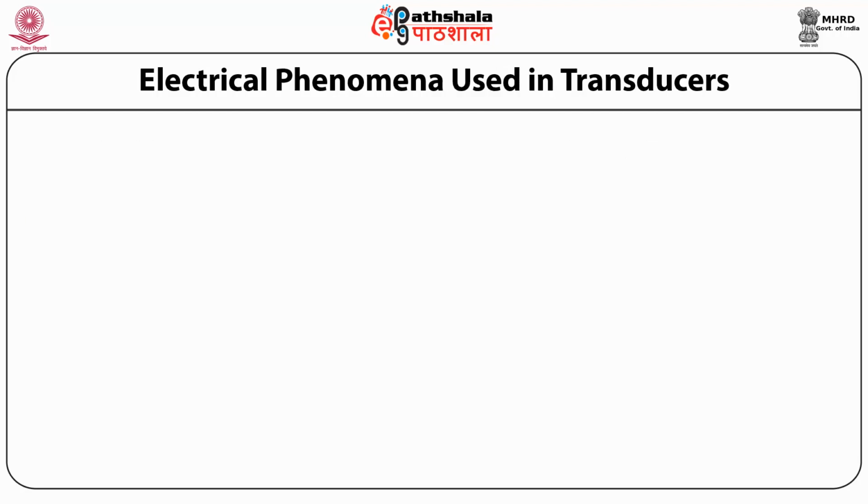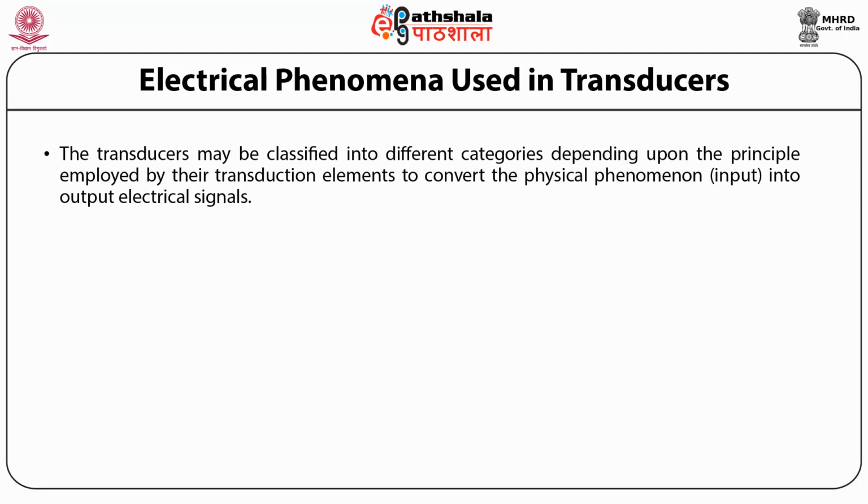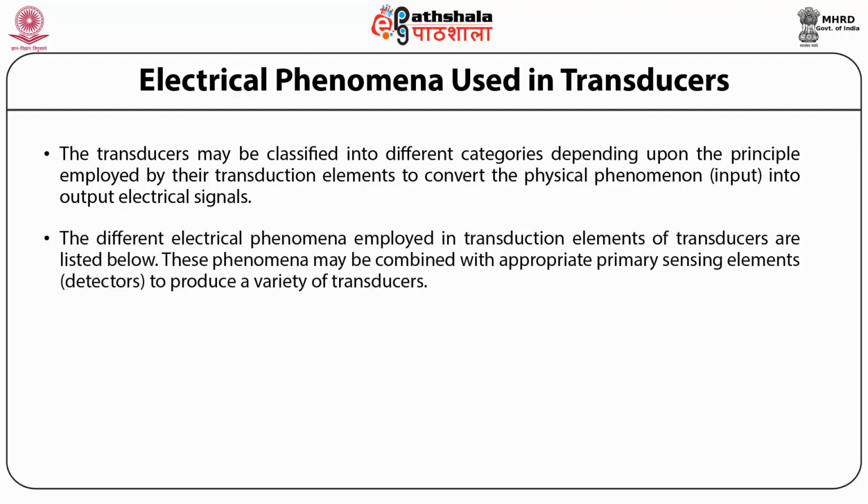Now, let us see the electrical phenomena used in the transducers. The transducers may be classified into different categories depending upon the principle employed by their transduction elements to convert the physical phenomenon, that is input, into output electrical signals. The different electrical phenomena employed in transduction elements of transducers are listed below.